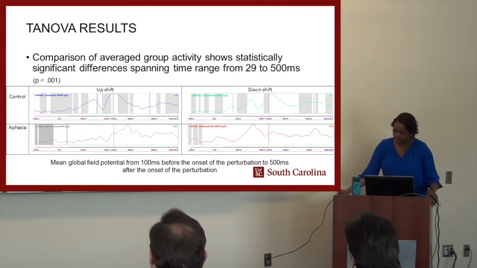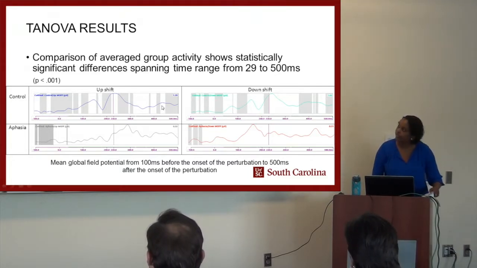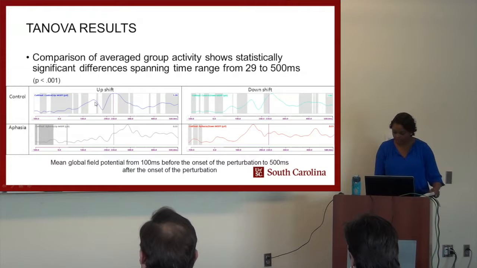And this figure shows the mean global field potential for each group and condition. And the peak occurring between 100 and 200 milliseconds corresponds with average N1 activity for that group. So I don't know if you can see this. Right here, this would be the peak for the controls in response to the upshift.